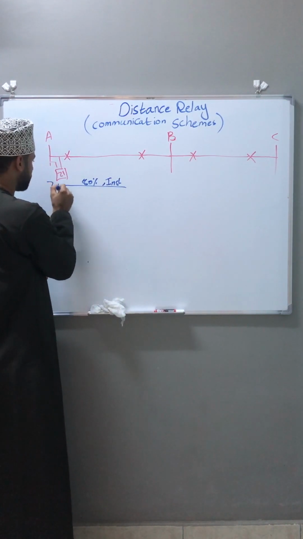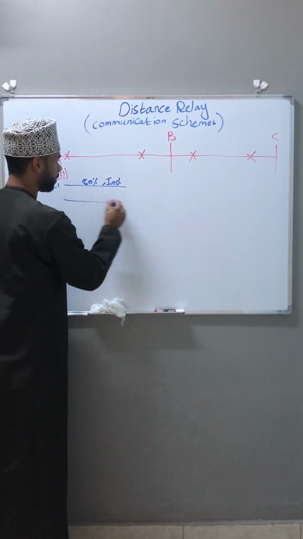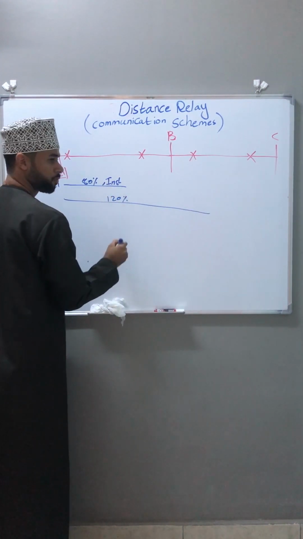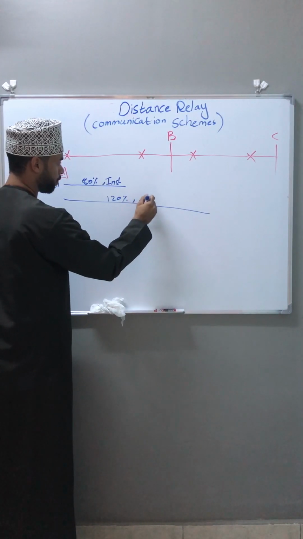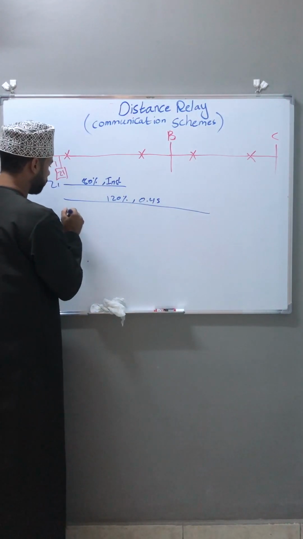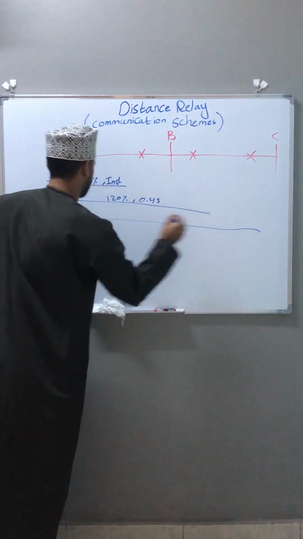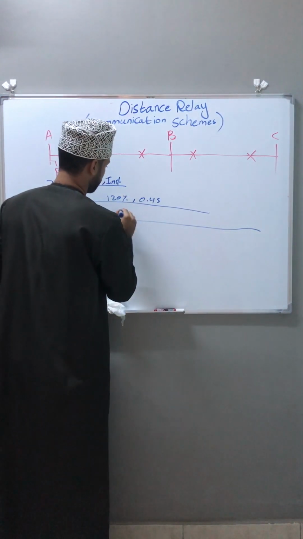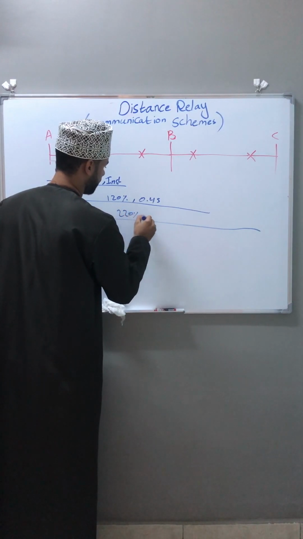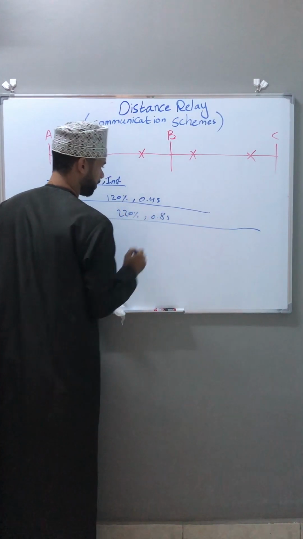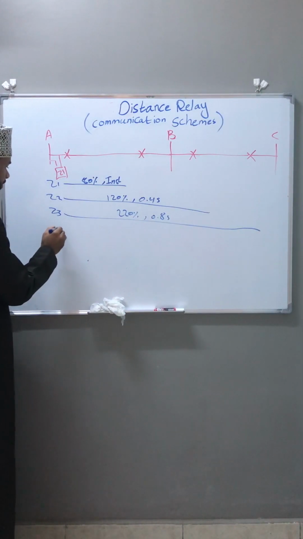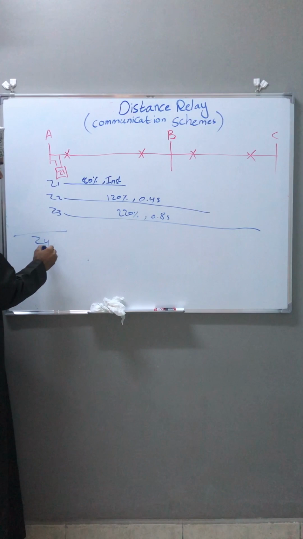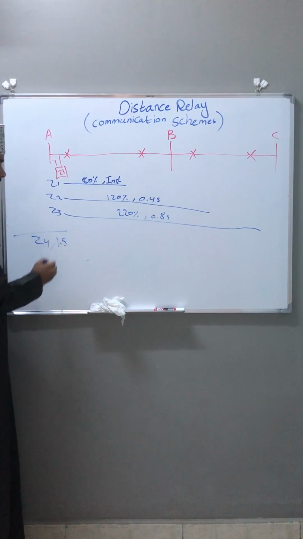Zone 2 covers almost 120% with a time delay of 0.4 seconds. Zone 3 covers 220% with a time delay of 0.8 seconds. And zone 4 is reverse directional, with a time delay of almost 1.5 seconds.